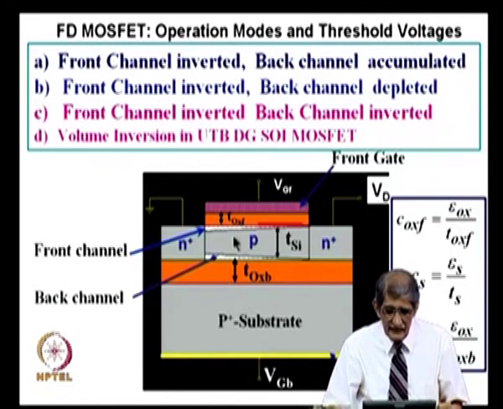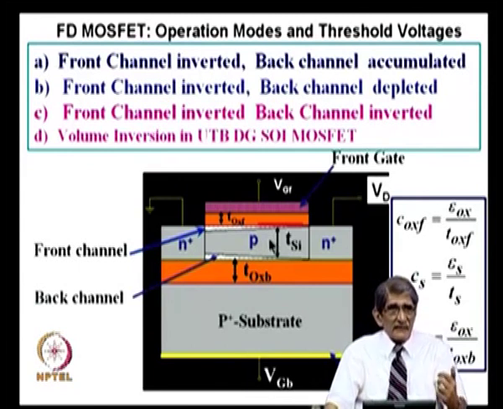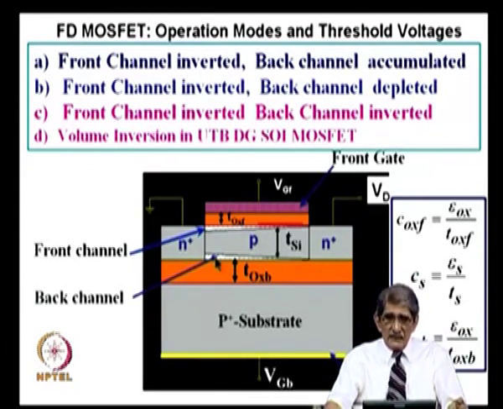So, whatever depletion layer charge is there, if T silicon, Ts, is the silicon thickness, total charge per centimeter square is Q Na into Ts. So, Q Na Ts by 2 will belong to the top gate, and the other charge per centimeter square will belong to the back gate.